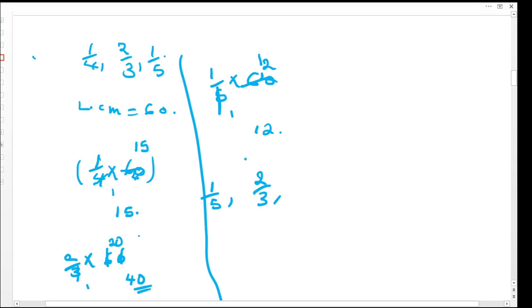No, sorry, let us rub this one. The smallest is 12, then followed by 15, which is a quarter, and the biggest is 40, which is 2/3, like that. So try out those numbers in the link below.